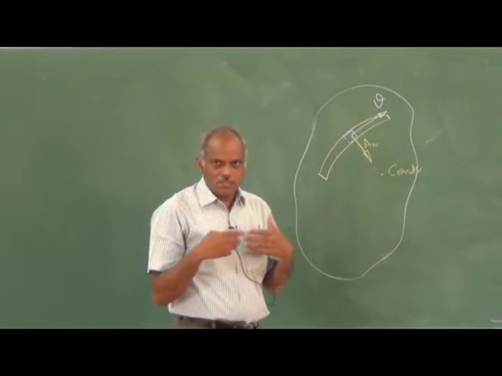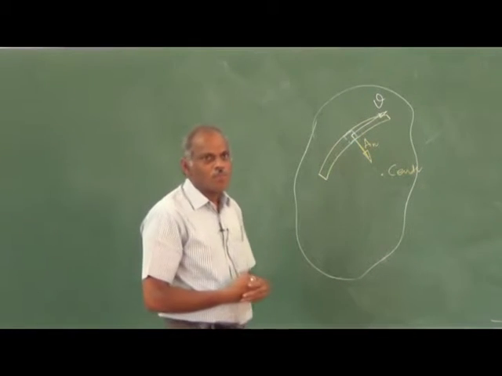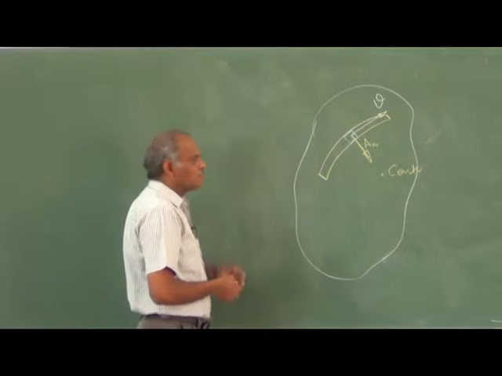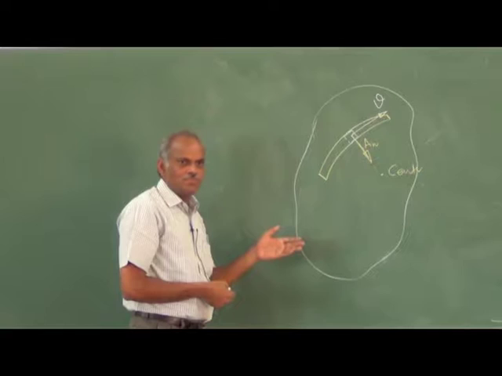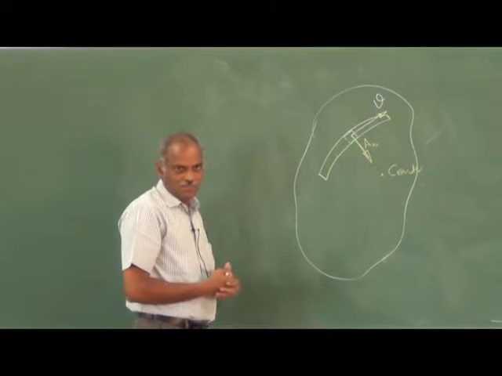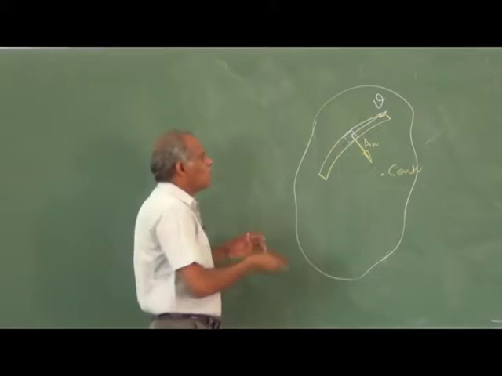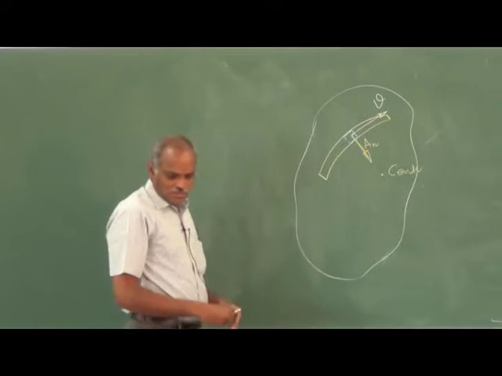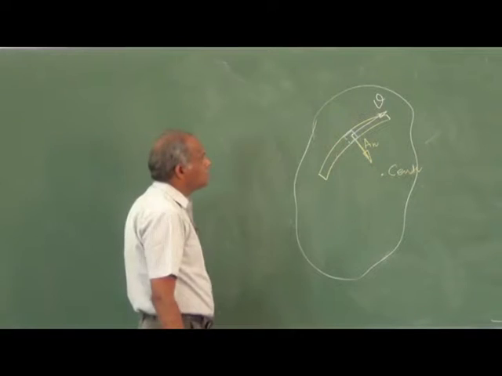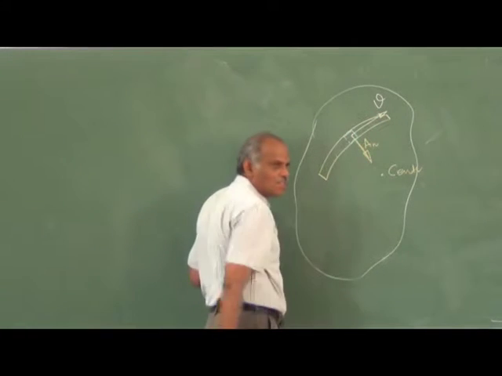There is a case number 2. The slider need not move at a constant velocity. It can be accelerating. So the slider is accelerating, then it's not moving at a constant velocity.